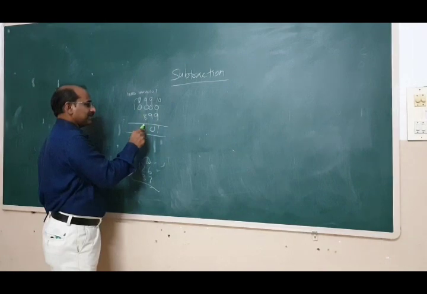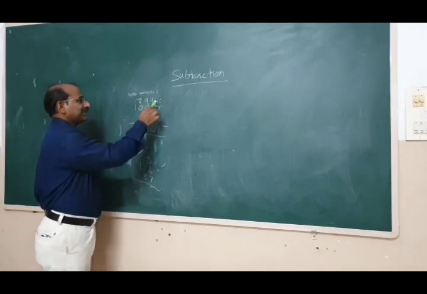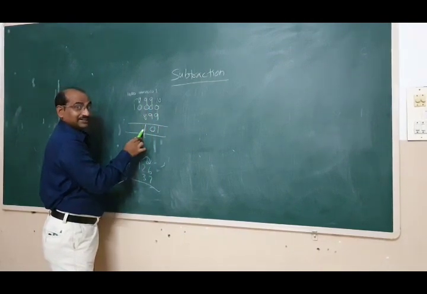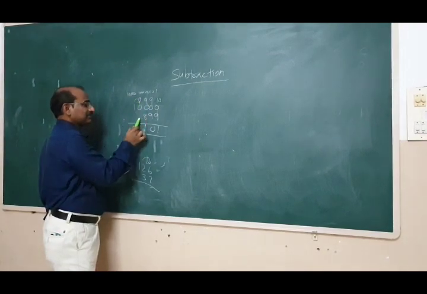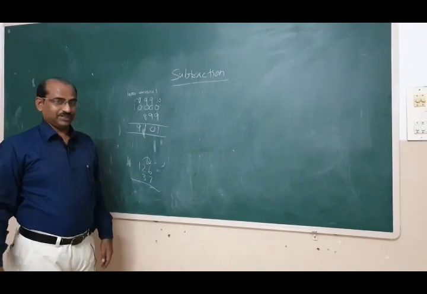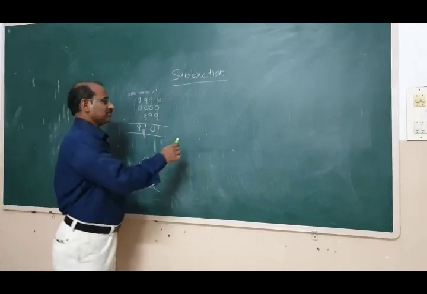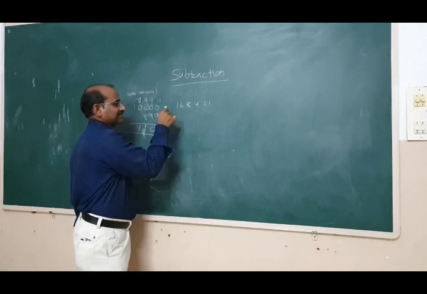What is 9 minus 8? 1. But be careful. Here 10 minus 9 is 1. Here actually this is 90 minus 90, 0. This is 900 minus 800, 100. 1 means 100. Here we are having 9 means 9,000. So this is 9,101.